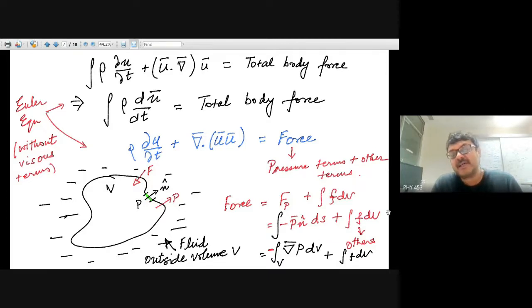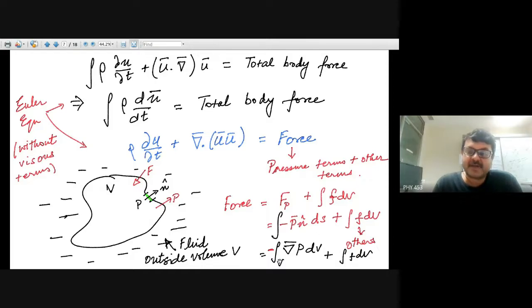There can be other terms as well: gravity, an electric field, and so on. Suppose this was charged, or there was gravity. That is not coming from the rest of the fluid. The force due to the rest of the fluid has been incorporated inside P, and these are other terms.